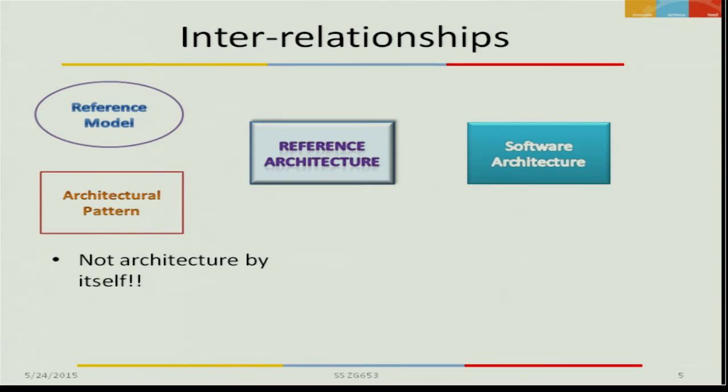Reference model is about building a system for a specific functional domain. Example is that if you look at the example of Android operating system that I have shown, that picture, you can roughly say that that's reference architecture.